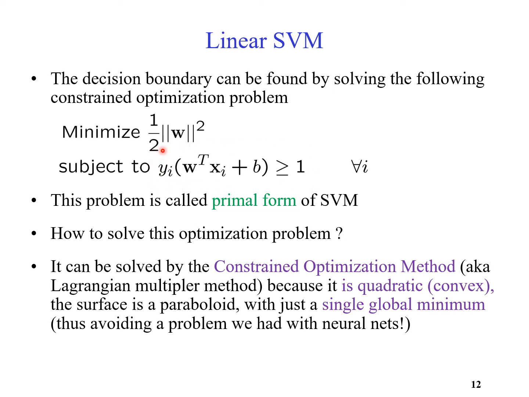You remember the two conditions are combined into one like this, right? So this is the final goal of SVM. This problem is called the primal form of SVM, or the primal problem of SVM.